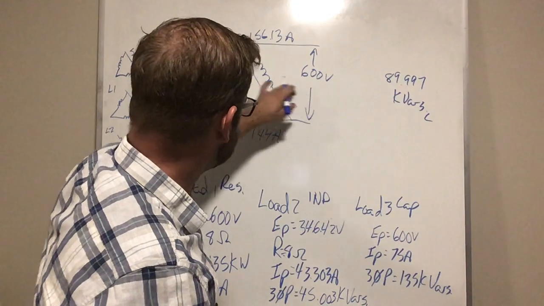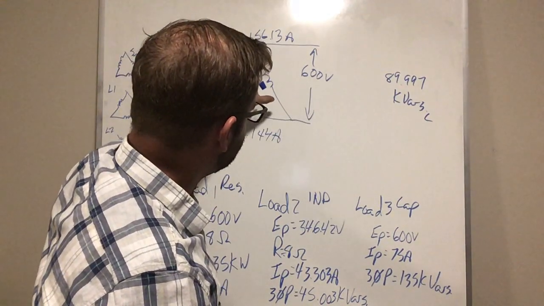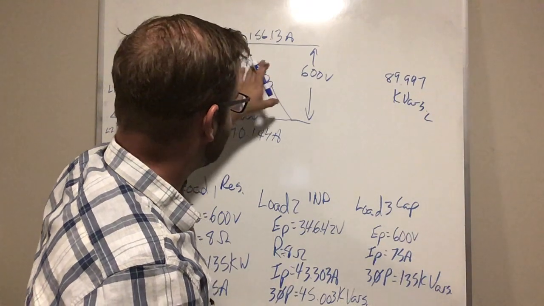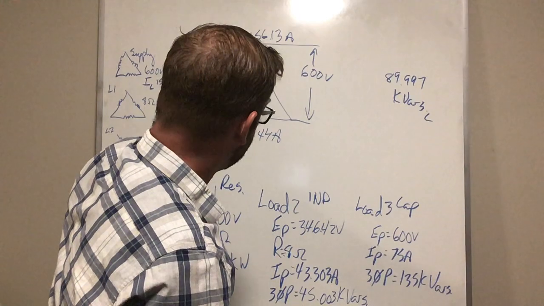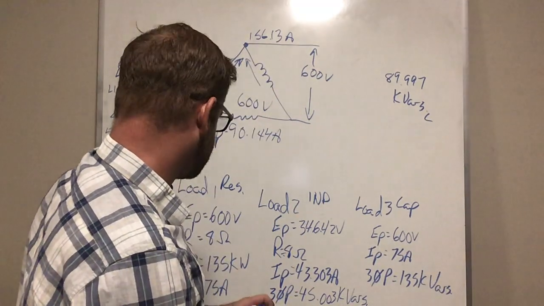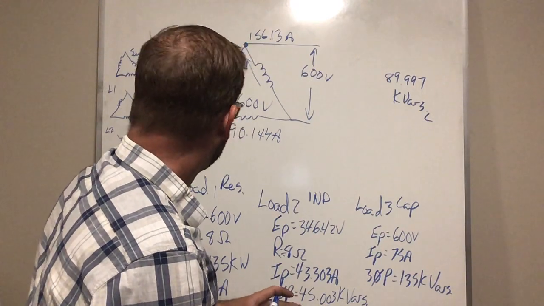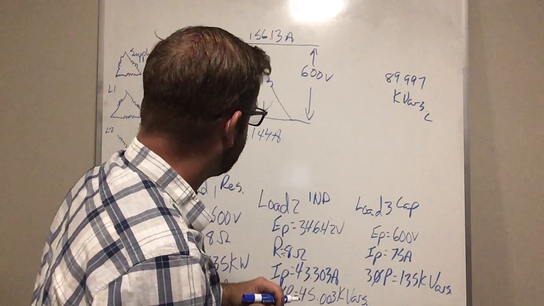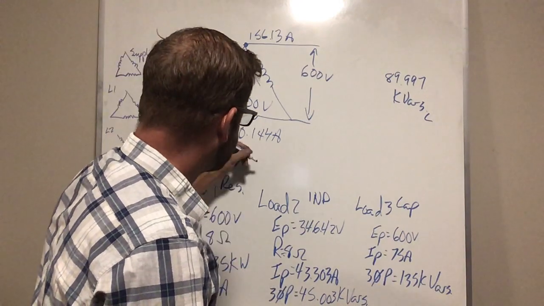We have a phase voltage of 600 volts because in delta our phase voltage and line voltage are the same, which was 600 volts. So we can also just verify our three-phase power this way too.